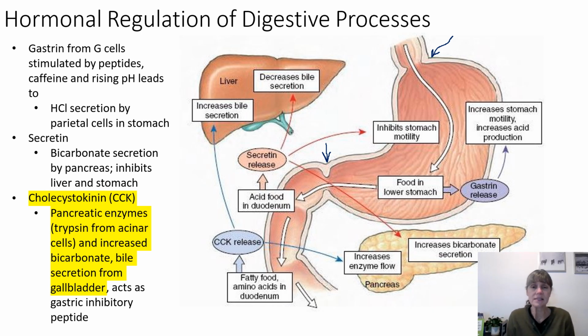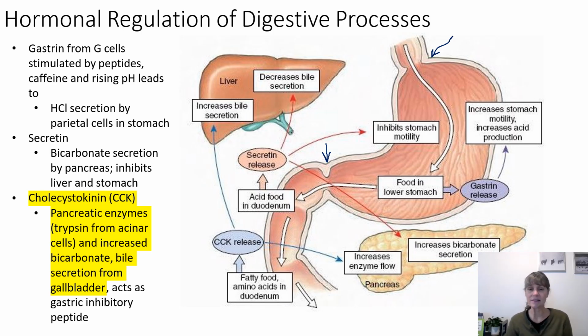It will cause the liver to decrease its secretion of bile, and it will also cause the pancreas to increase its secretion of bicarbonate. And the reason for that is the duodenum is not designed for hydrochloric acid the way the stomach is. So we need to have the bicarbonate from the pancreas to help increase the pH so it's not too acidic and so it doesn't harm the cells in the duodenum.